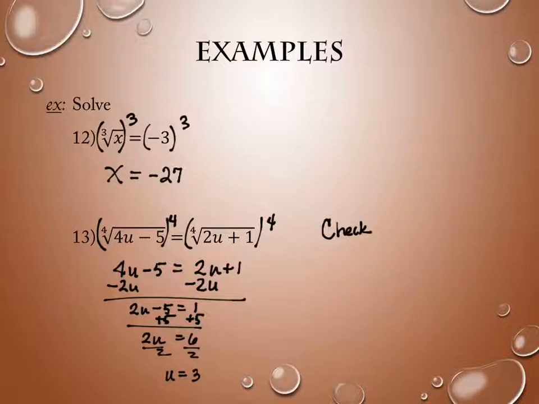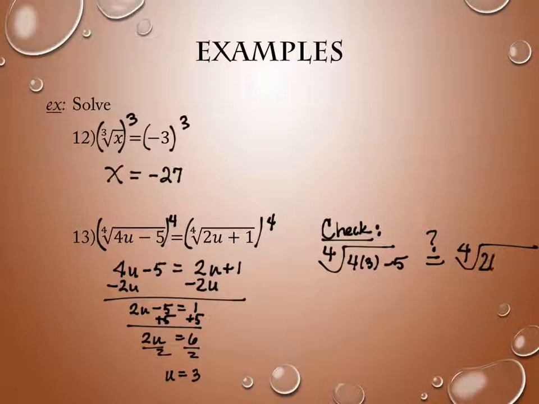Because the reality is, you can always know whether you got the right answer or not when you check your algebra going backwards with solving equations. Whatever answer you got, you plug it back in. So if I take the 4th root of 4 times 3 minus 5, and I want to know, does in fact that equal the 4th root of 2 times 3 plus 1.